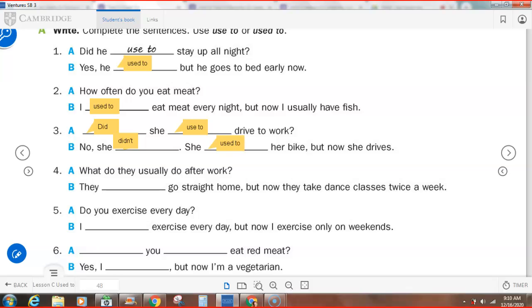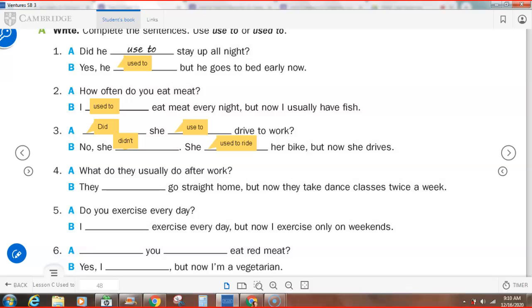What do you do on a bike? We need a verb. She used to ride. Good. Yep, use the base form. Ride her bike.